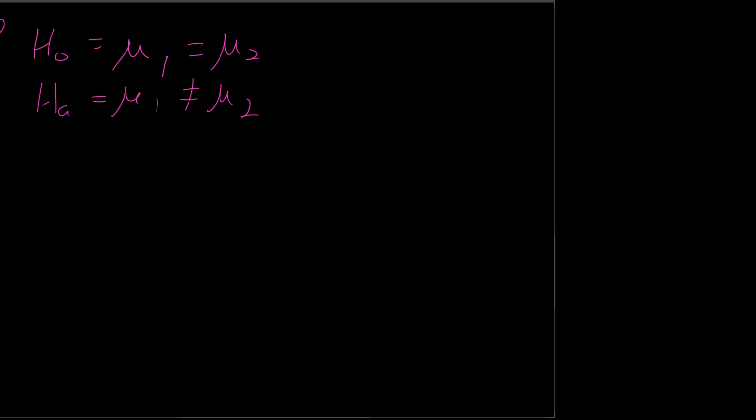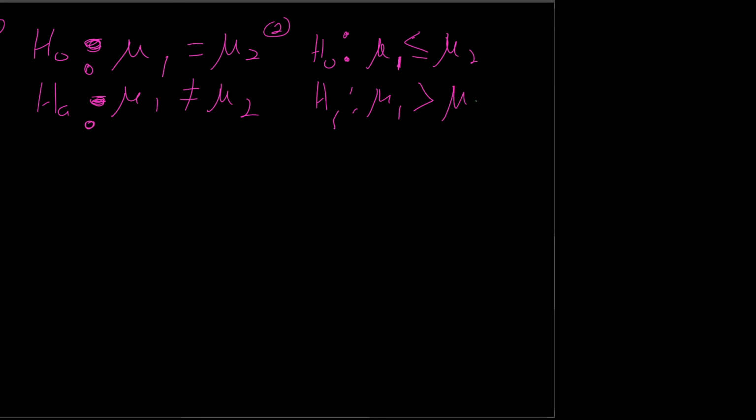All right, that was our one case. The other case we had was that the null hypothesis, these should be definitions, not equal signs, was that the first sample is less than or equal to the second sample, which means its alternative is that the first sample is greater than the second sample.